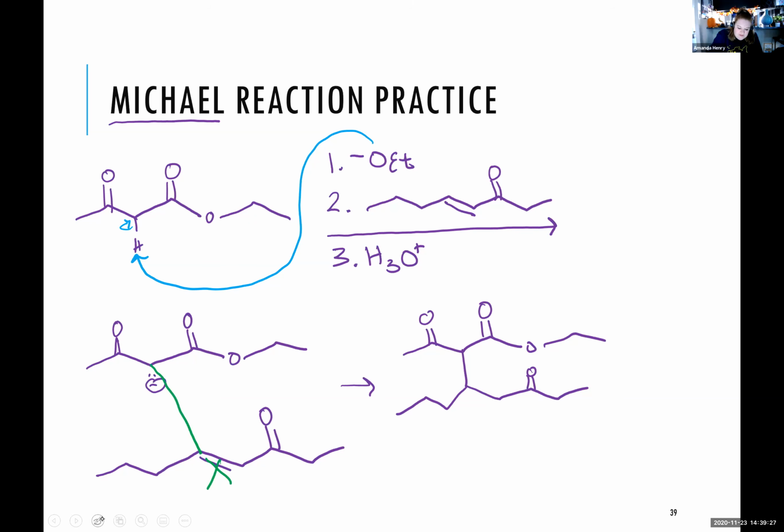Now in that final step, we have acid and water. We know that acid and water turn an ester into a carboxylic acid. So here's what our final product is going to look like. We're going to have a carboxylic acid on the end instead of that ester.